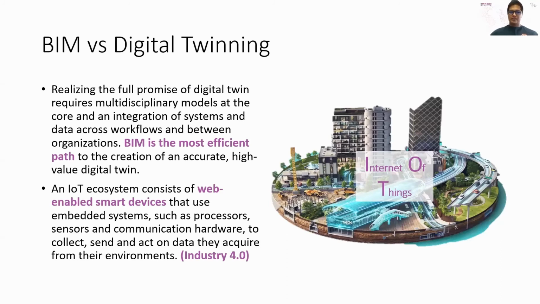An IoT system is an ecosystem that consists of web-enabled smart devices that use embedded systems such as processors, sensors, and communication hardware to collect, send, and act on data, right? So you get this data and you can make informed decisions based on the living, breathing asset. In brackets, Industry 4.0. That's literally what Industry 4.0 relates to in this scenario.